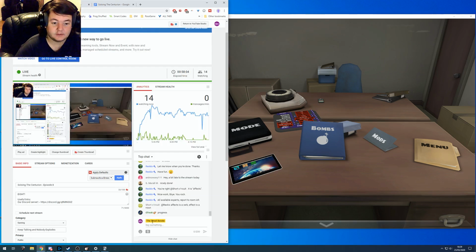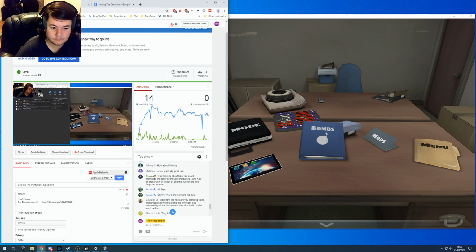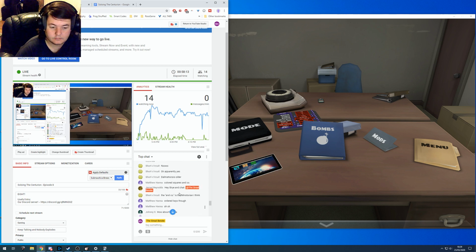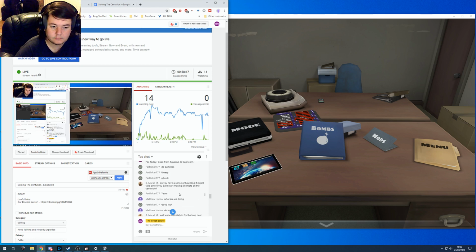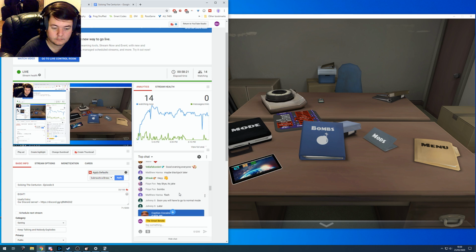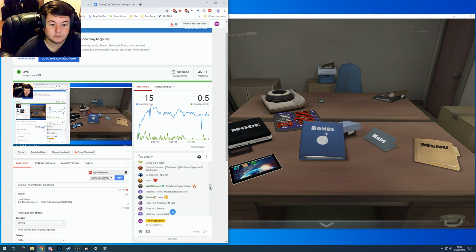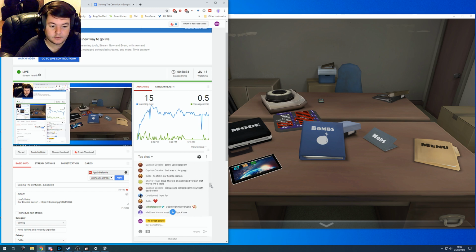What did we want to have a look at next? Oh, I missed this one back here. Matthew Henner says more maybe blackjack. Blackjack is also not on the Centurion, so we don't have to worry about that one.